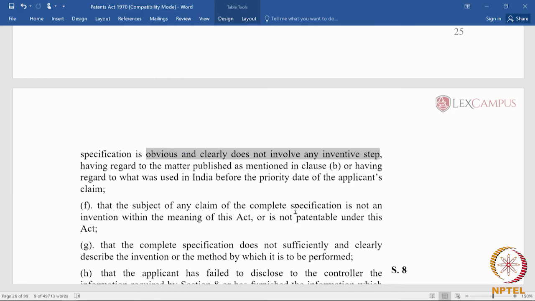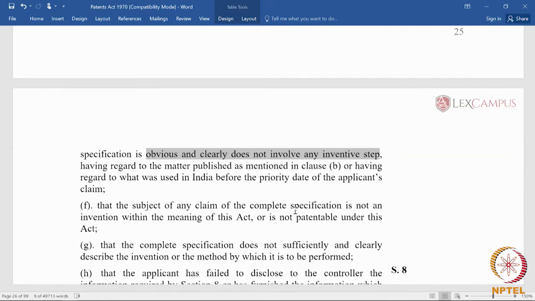This section says, having regard to matter published as mentioned in clause B, or having regard to what was used in India before the priority date. So, it refers to only the documents in clause B or what is used in India, whereas 64(1)(f) talks about having regard to what was publicly known or publicly used or what is published in India or elsewhere before the priority date of a claim.